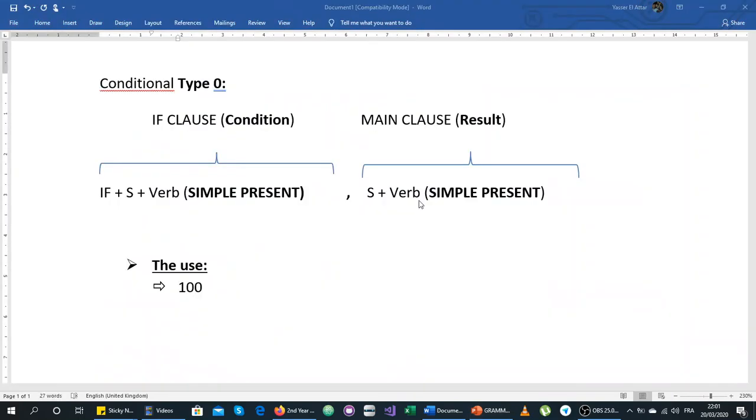That's when we use conditional type 0, when we are 100% sure about something, 100% results. Or what we call general facts. What are general facts? For example, if the sun rises, it gets clear.